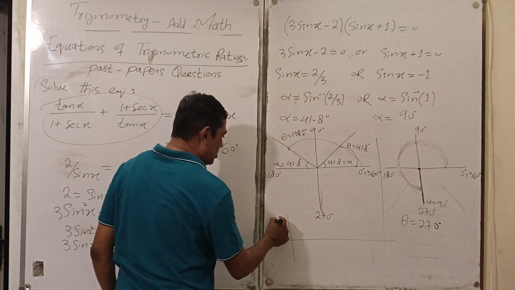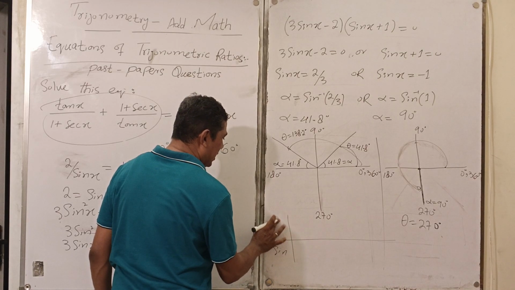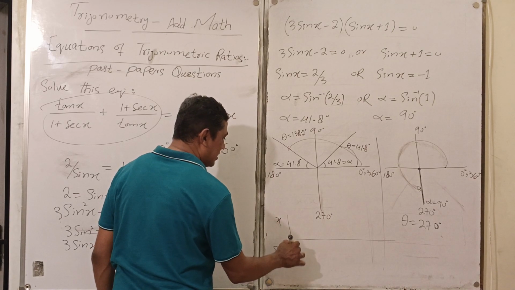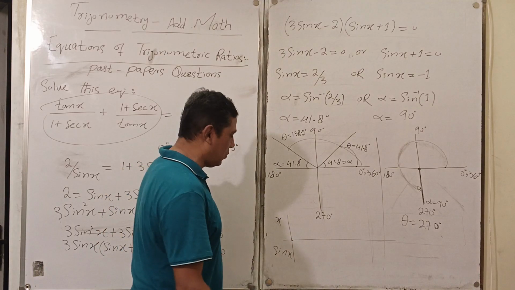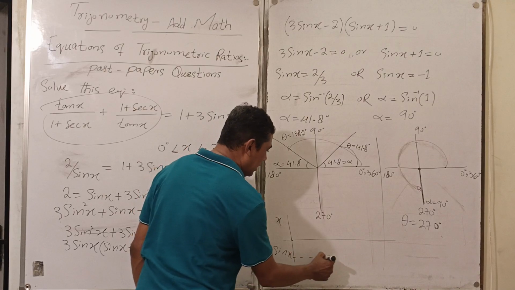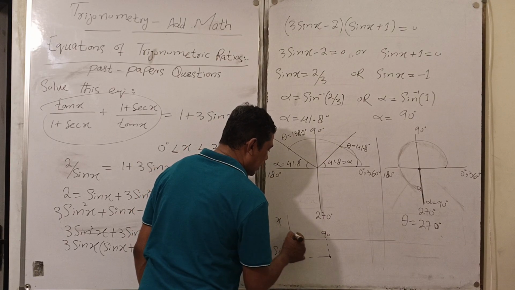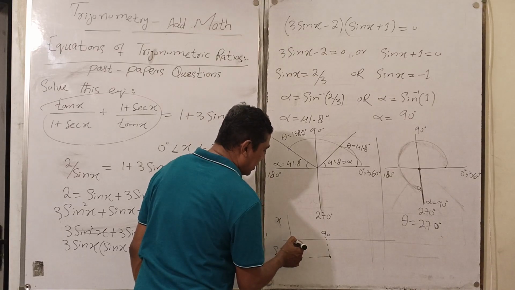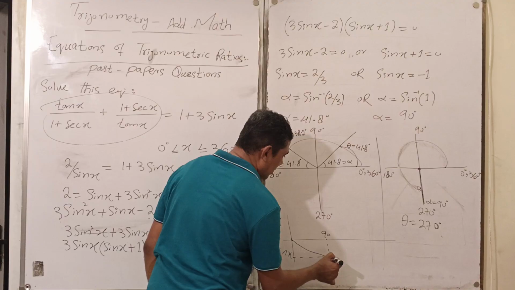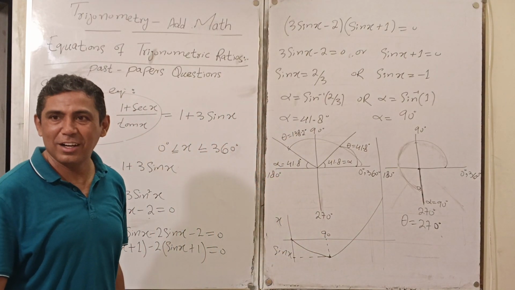That was the theta, that was the x, it was sin x. When the value of sin x is -1, what was the angle? It was 90 degrees, right? So what was the sine graph? It was moving like this.